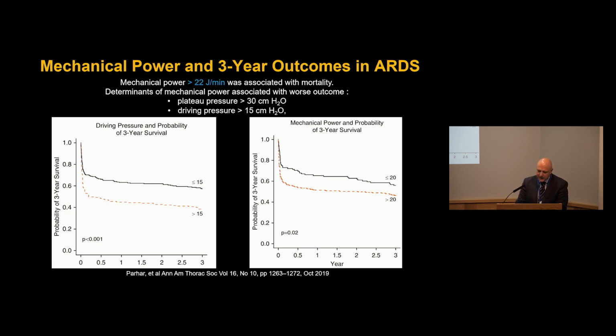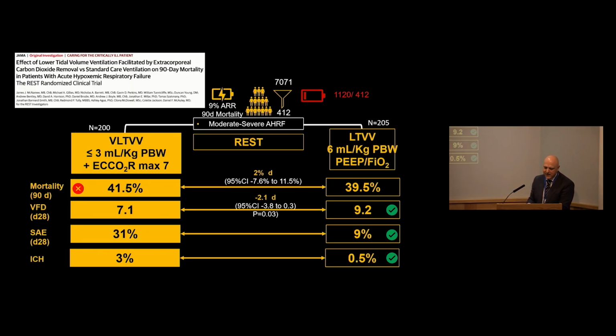I just did a little exercise, more for myself than for anybody else. This is the REST trial. You've all read the REST trial. So the REST trial is essentially the idea that you've got moderate to severe acute hypoxemic respiratory failure, and you randomize patients into very low tidal volume ventilation, so less than 3 mils with ECCO2R for maximum 7 days, or just conventional low tidal volume.